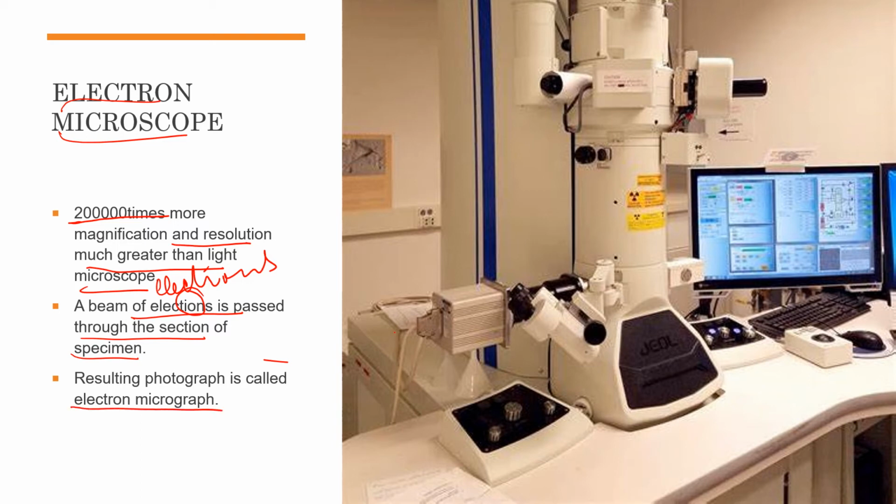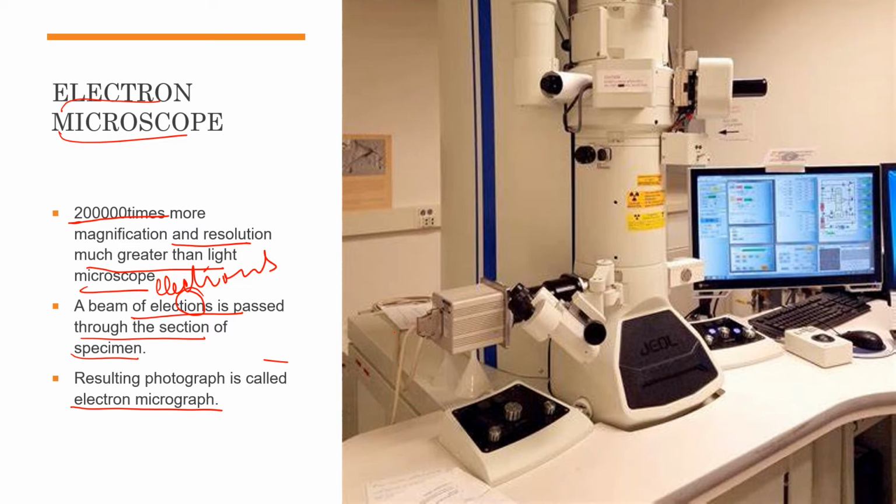So the result is the electron micrograph, a photographic plate for permanent reading. The electron microscope can resolve points up to 1 nanometer apart. So it is a very, very fine magnification. In this microscope, a beam of electrons is passed through the section of specimen material to produce the image.